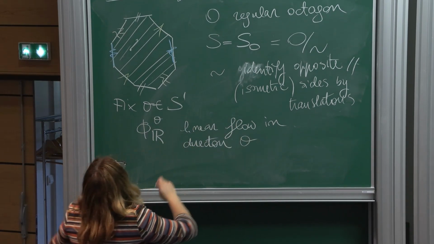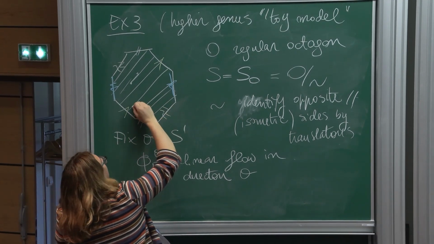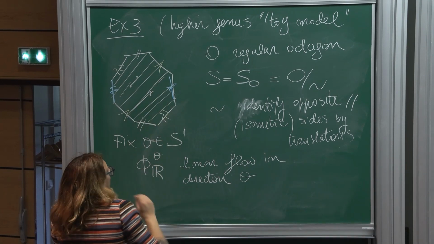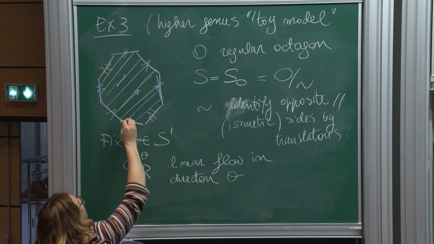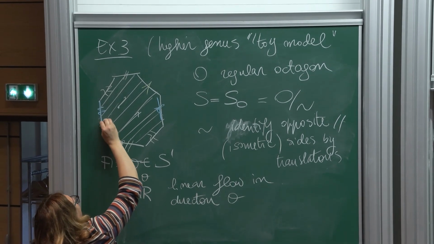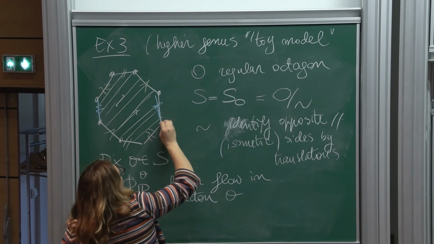Again, you can write a differential equation: the derivative is (cosine theta, sine theta), and we move with unit speed. And again, it's well defined on the surface if you don't hit vertices. So it's not going to be defined everywhere, as in the torus.